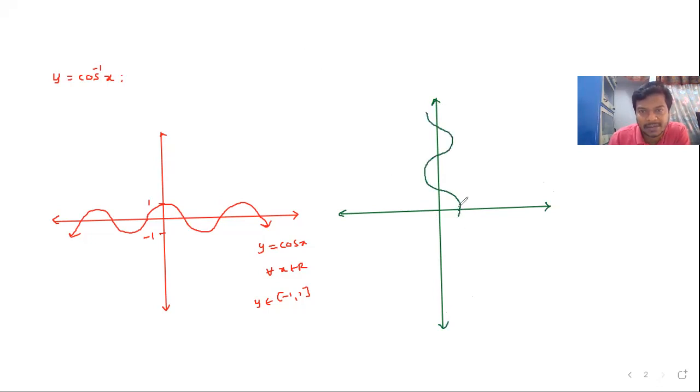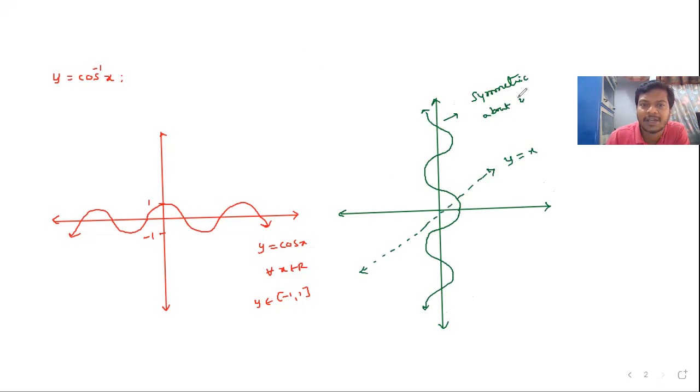It continues. This is actually the symmetric graph about y equals x. This graph is the symmetric of y equals cos x about y equals x.